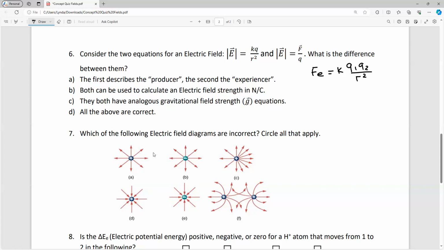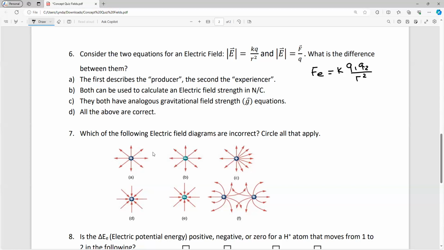Right, and electric field is force divided by charge. So one of the charges will disappear, see, divided. So one will be gone, and you're getting exactly the same formula, right? So it means they are all correct.